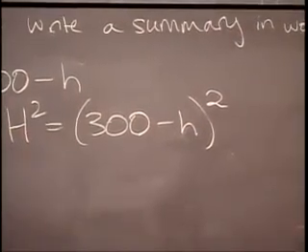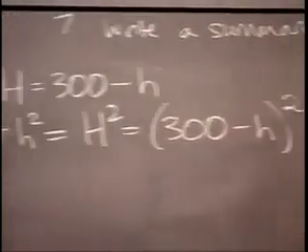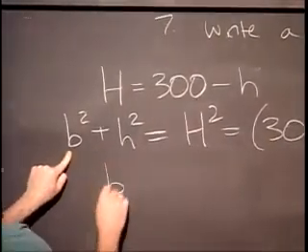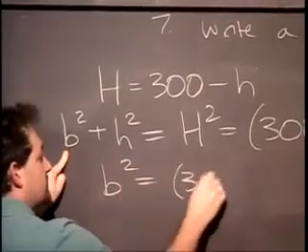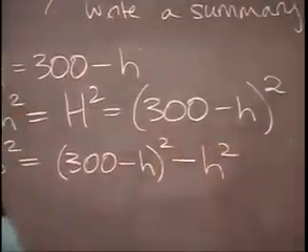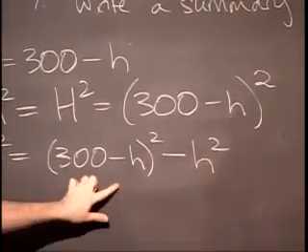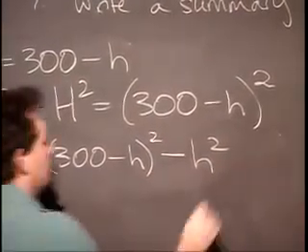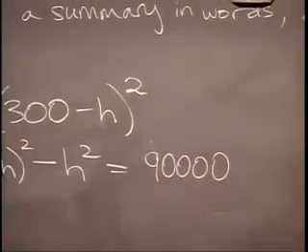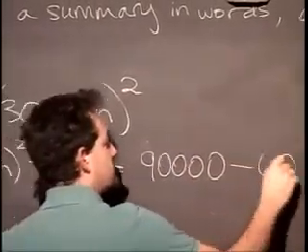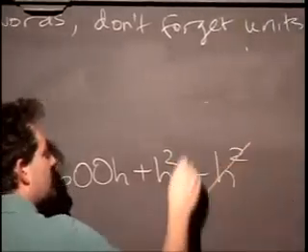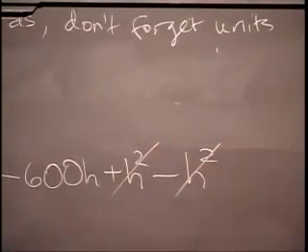This is good. We can actually make b the subject, solve for b here, and you get b squared is 300 minus h all squared minus h squared. And if you expand this out, it's a little bit messy. It's not too bad. You get 90,000 minus 600h plus h squared minus h squared. And the h squareds cancel out.